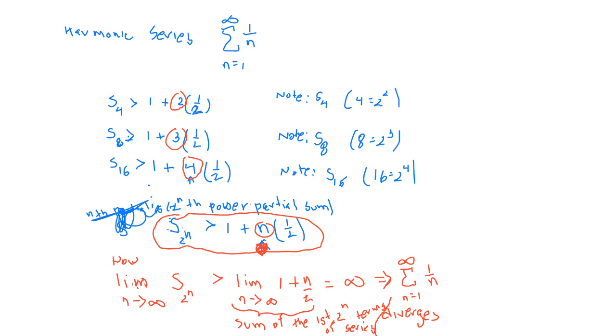If the sequence of partial sums of a series converges, then the series converges. If the sequence of partial sums of the series diverges, then the series diverges. Well, we've established that our 2 to the nth power partial sums, it's not every partial sum, but it's a snapshot of partial sums, and they don't converge as n goes to infinity. So that means our series diverges.